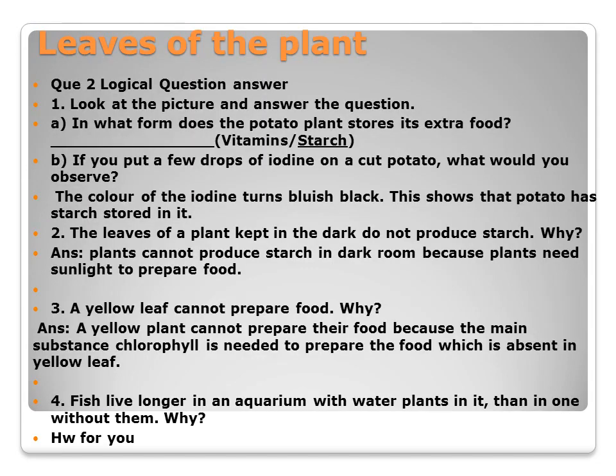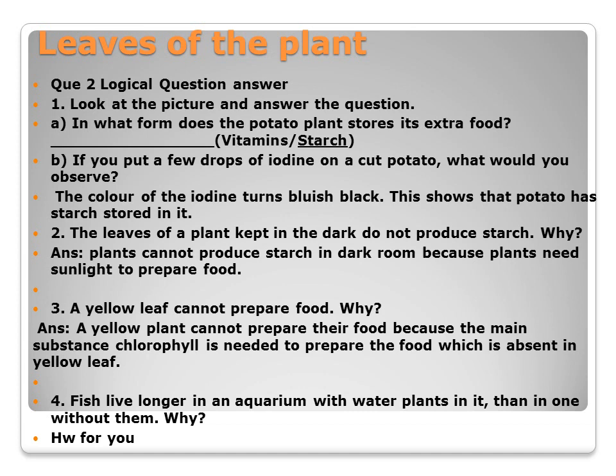And then logical questions. In what form does the potato plant store its extra food? By means of starch. If you put a few drops of iodine on a cut potato, what will you observe? You know the potato contains starch.